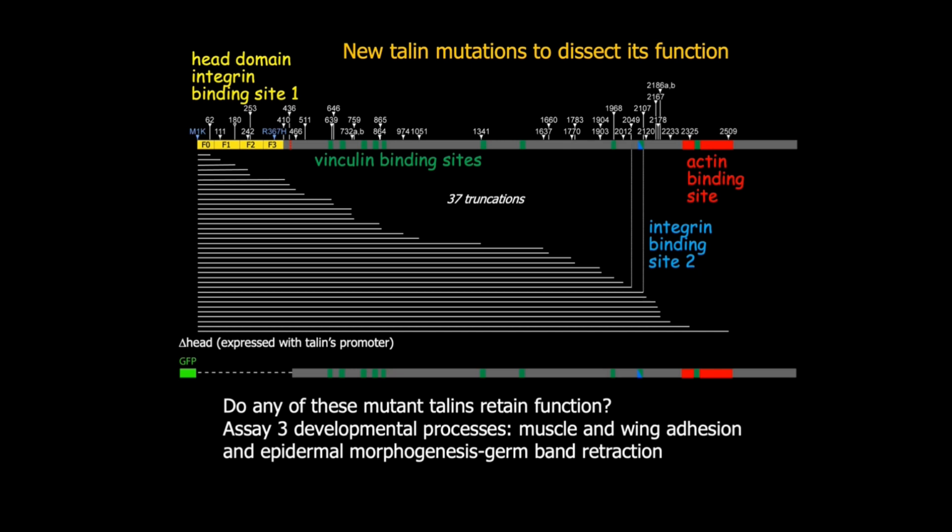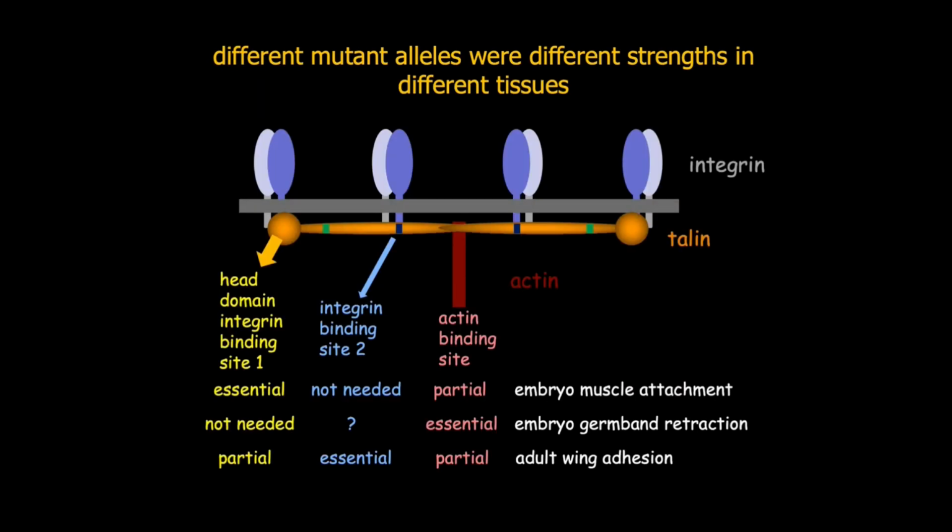And so then we explored whether any of these mutants still retain function. So we looked at 3 different developmental processes, so the muscle adhesion and the wing blister phenotype, but also that epidermal morphogenesis process of germ band retraction. And the kind of surprise was that we got different results for each.